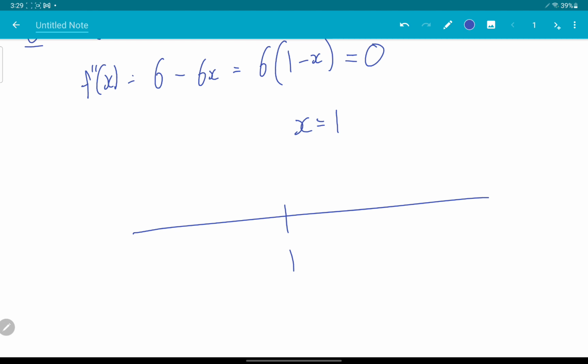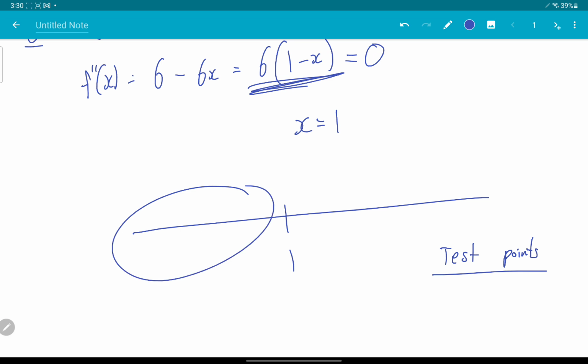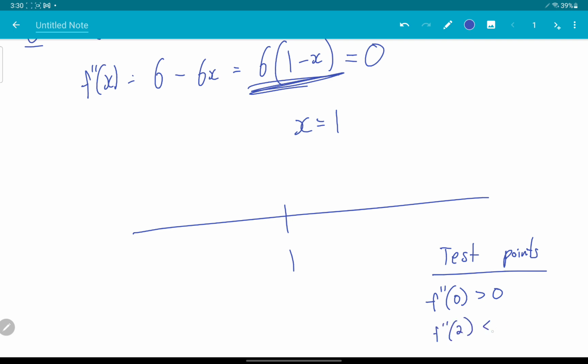What should I say here? I should do test points, right? So here's my factored second derivative. If I do, say, 0, which is over here, f double prime of 0, I can see it's going to be positive. And then f double prime of, say, 2, that will be negative.